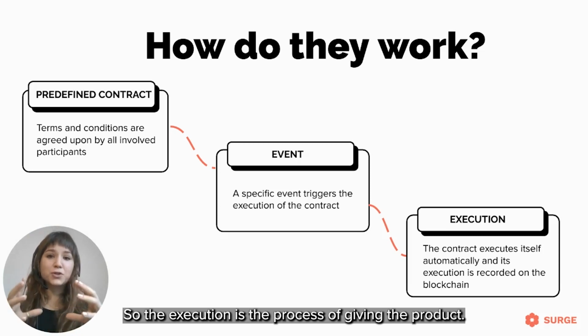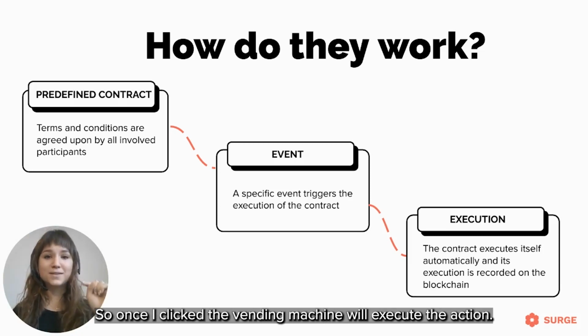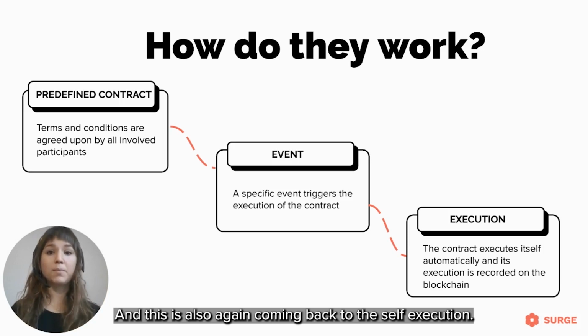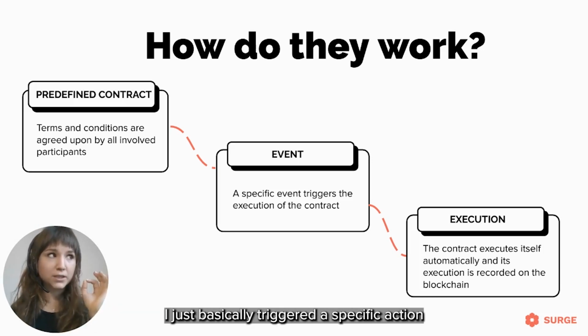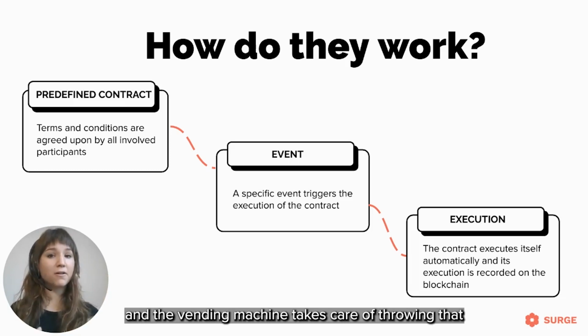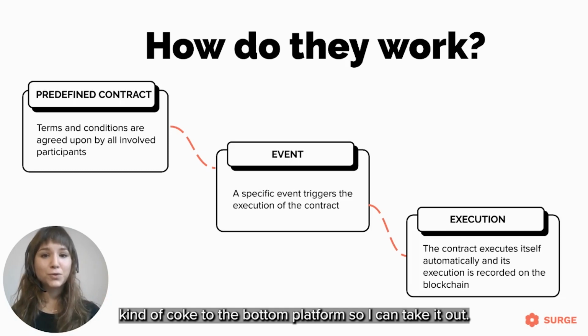So the execution is the process of giving the product. Once I clicked, the vending machine will execute the action. And this is also, again, coming back to the self-execution. I don't need to do anything. I just basically triggered a specific action, and the vending machine takes care of throwing that can of Coke to the bottom platform so I can take it out.